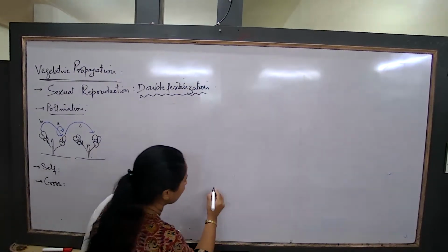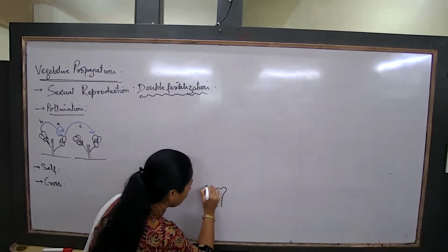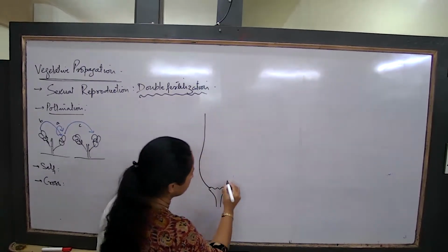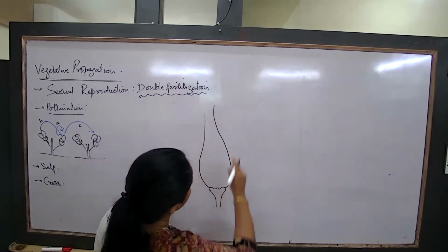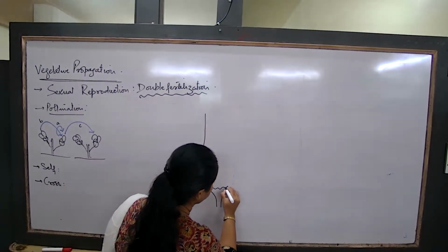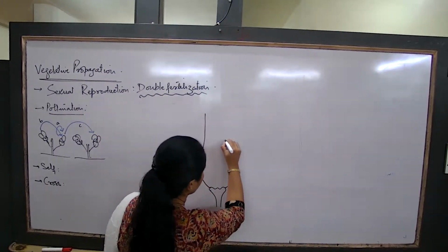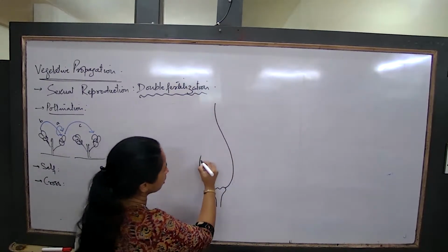Second difference. Under self-pollination, it always gives rise to identical varieties of plants.